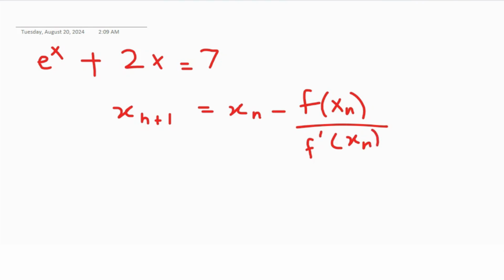Now, if the function is e to the power x plus 2x equals 7, we would define it as a function, and we would say that f of x is equal to e to the power x plus 2x minus 7.